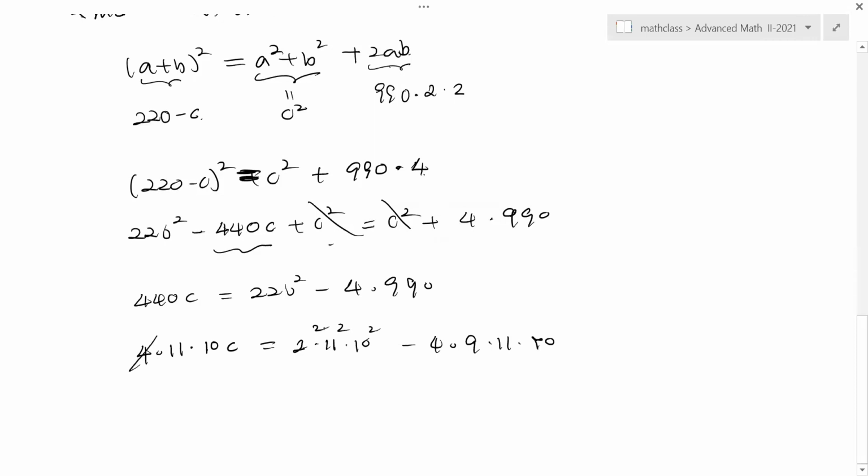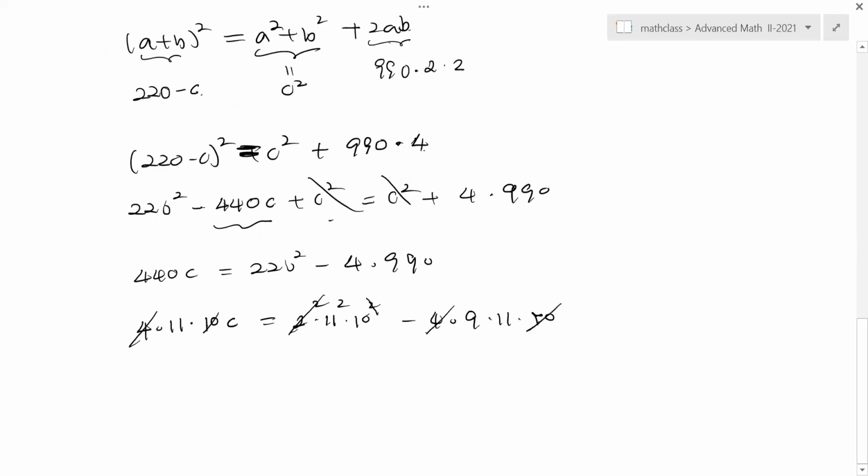The 4 and 2 squared, 4 is gone. And 10, 10 is gone. 11, 11 is gone, right? So what you get is C equals 11 times 10 minus 9. So it's 101, okay? All right, so you get the value of C, 101.